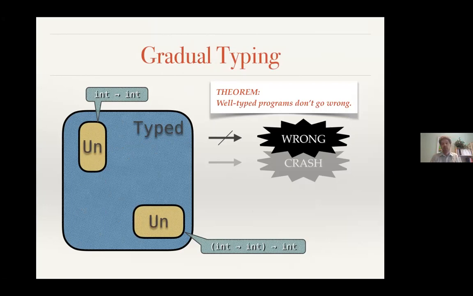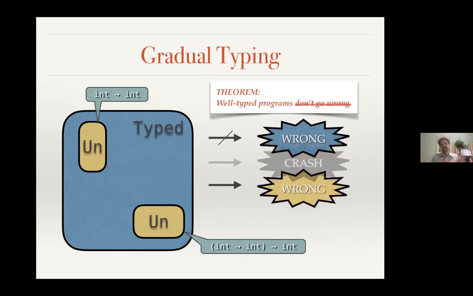it won't crash. If we move on to thinking about gradual typing, okay, there's sort of an adaptation of this theorem, because things may go wrong at runtime because you have untyped components in your program, but we can kind of distinguish between the wrong states that are the fault of the typed part of the program and the wrong states that are the fault of the untyped parts here.